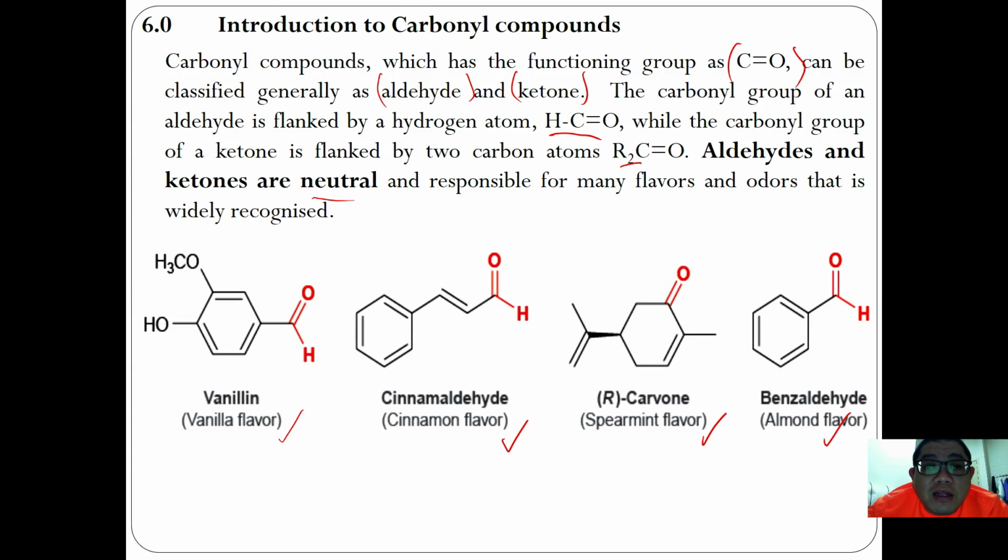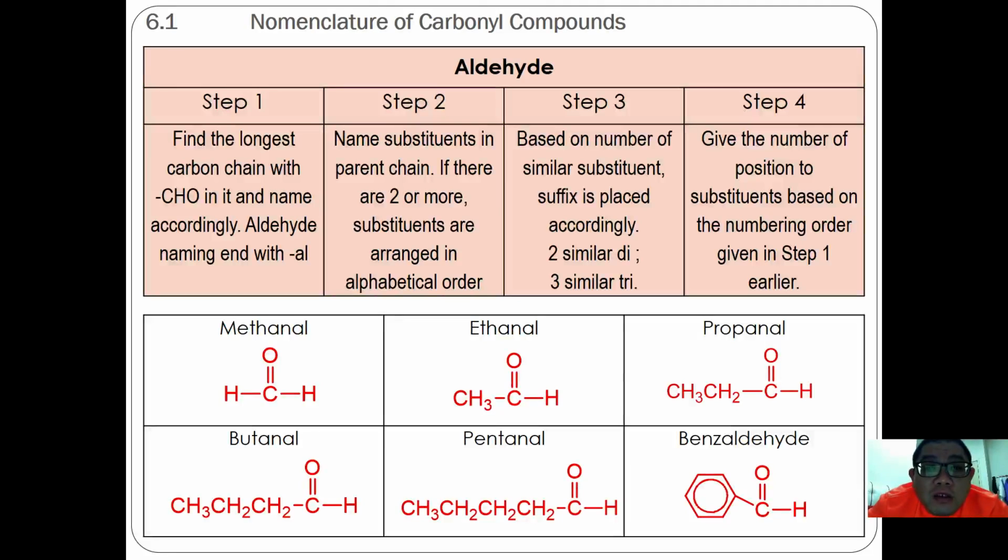So let's have a look at the nomenclature of the carbonyl compounds. To name aldehydes, these are the four steps of how we name them. Find the longest carbon chain containing CHO in it and name that accordingly. Aldehydes we name with the ending -al. Then name the substituents in the parent chain, with two or more substituents arranged in alphabetical order, and based on the number of similar substituents, two similar is di, three similar is tri, and give the position number.